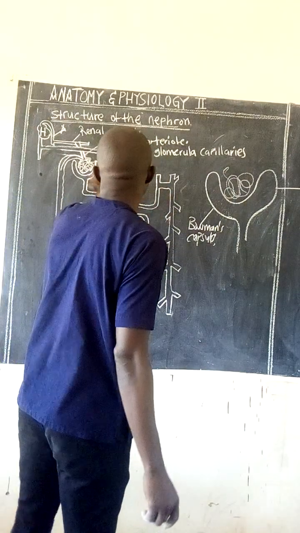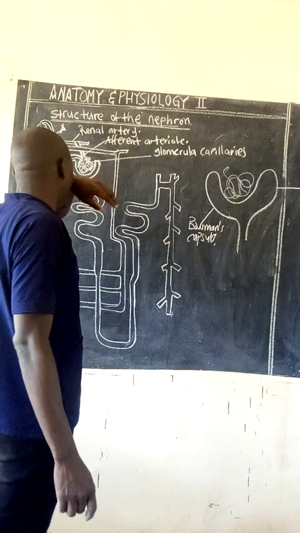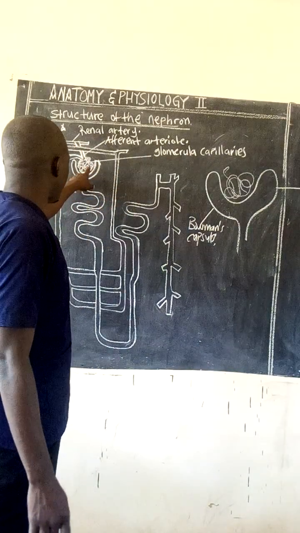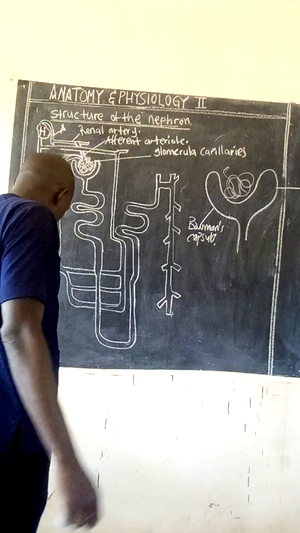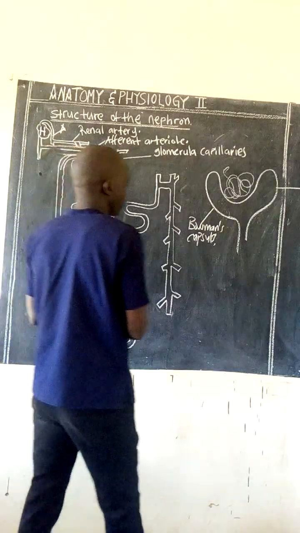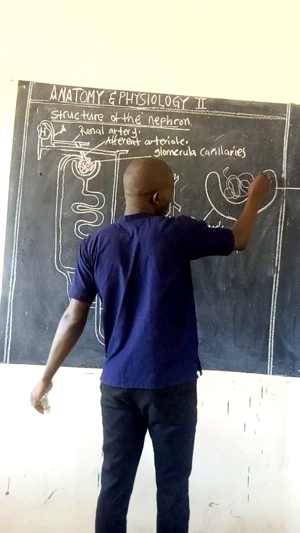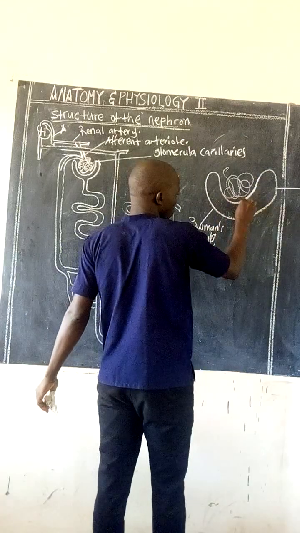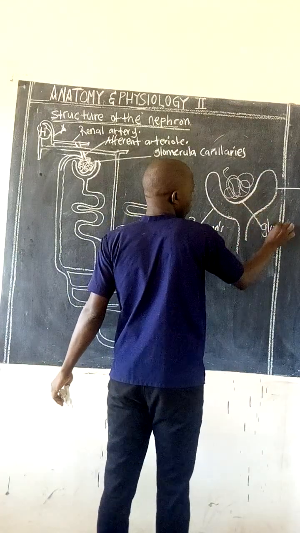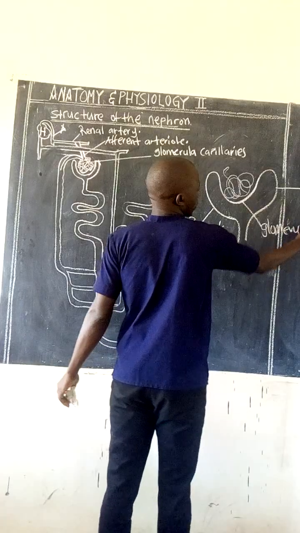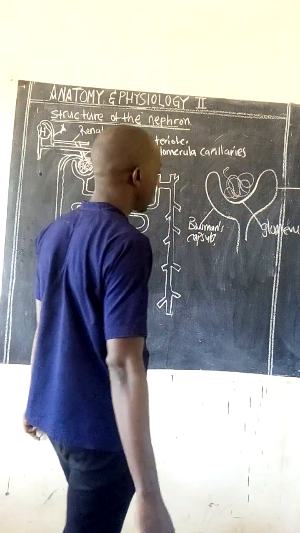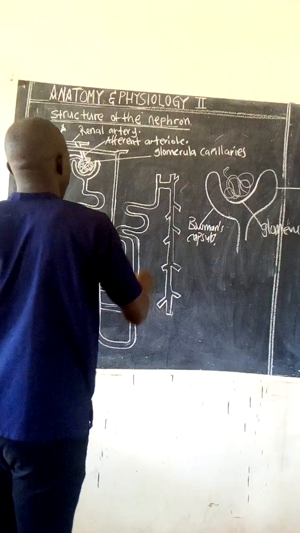So this is the Bowman's capsule. Then at the Bowman's capsule, we have its lower layer here, called the glomerular. It is this one here.